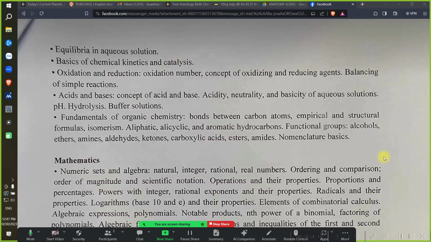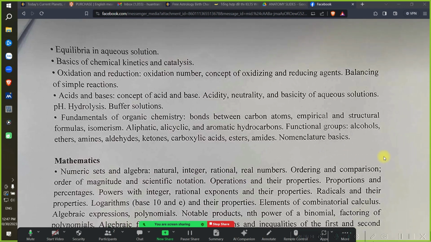I think I'm gonna go to the isomers. Isomer. Actually, I don't really know what to say about this because I think mostly what I've done in high school is doing exercise about isomers.